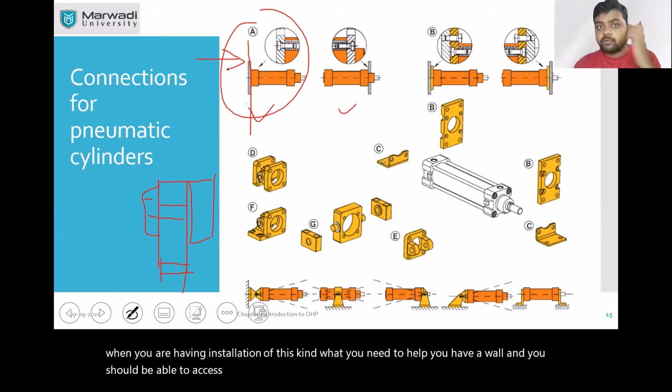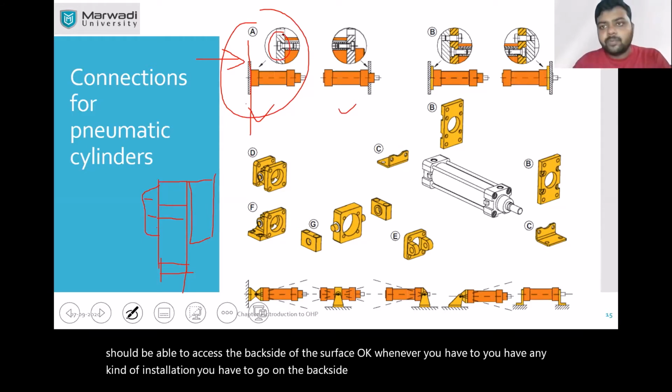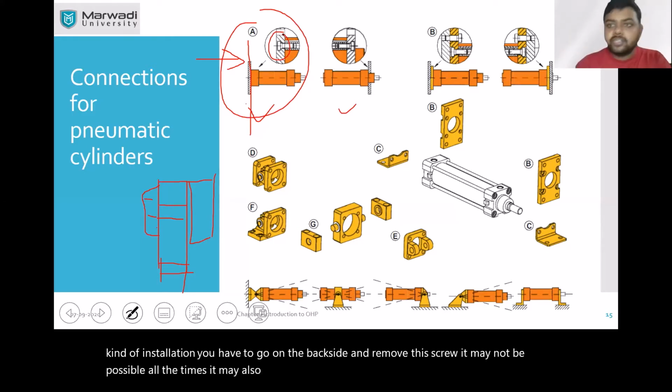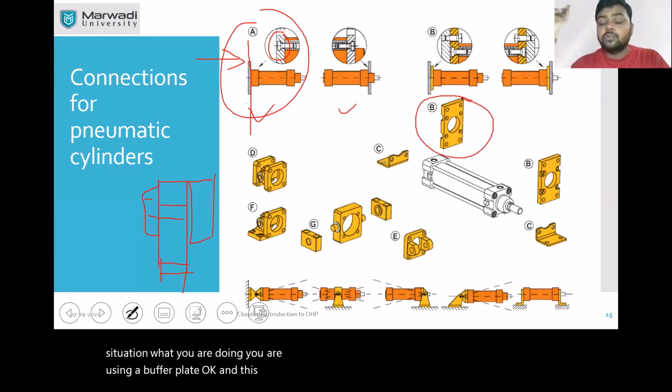Whenever you have any kind of installation, you have to go on the back side and remove the screw. Okay, it may not be possible all the time. It may also be possible that the thickness of the wall is too high. In that situation you are using a buffer plate. Okay, and this buffer plate will allow us to complete all the installation process by only accessing the front side.